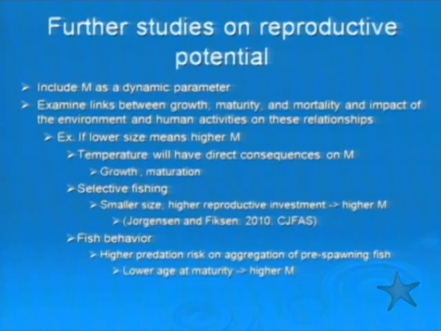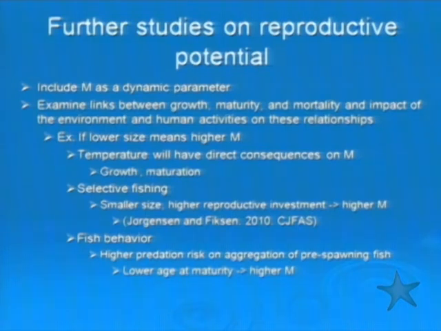Selective fishing, by producing fish of smaller size with higher reproductive investment, should increase the natural mortality. There's a very good example of that in a study by Jørgensen and Fiksen. And it could also influence fish behavior.